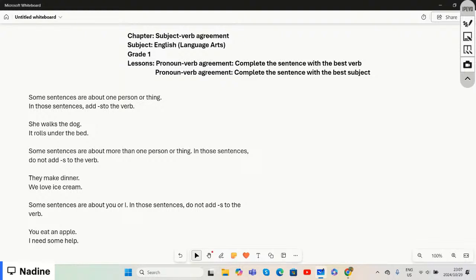Then our subject needs to agree with our verb that also needs to be plural. And if our verb is plural, we do not add an S. Your verb is just going to be whatever the verb is without adding an S.